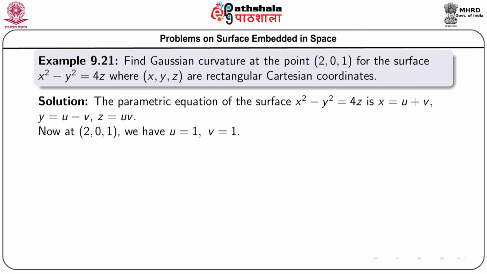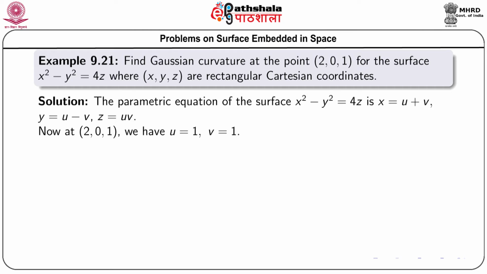Now, if we convert this into parametric equation, then we write x equals u plus v, y equals u minus v, and z equals u v. And at 2, 0, 1, we have u equals 1, v equals 1.